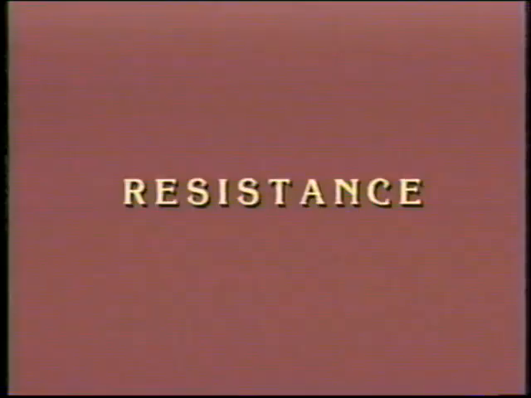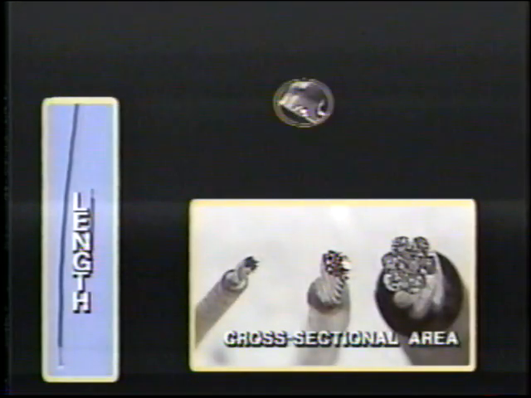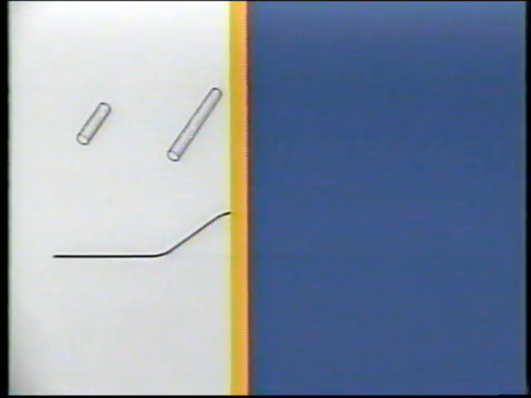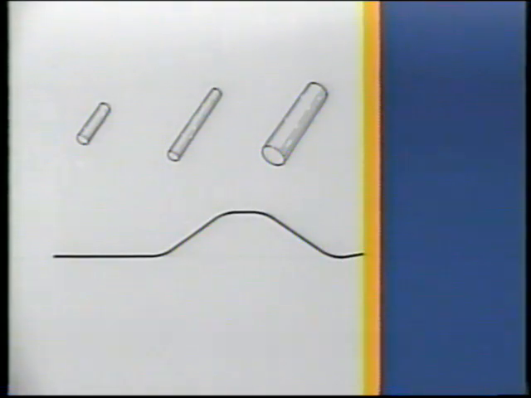There are three major factors affecting the resistance of a conductor: its length, its cross-sectional area, and its temperature. In general, resistance increases as length increases and decreases as cross-sectional area increases.